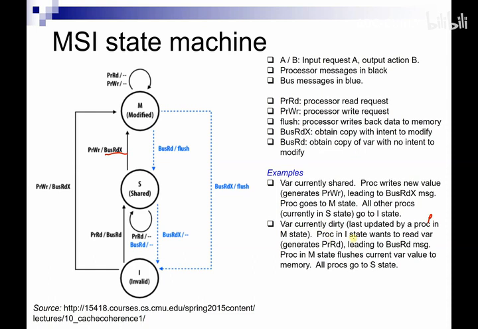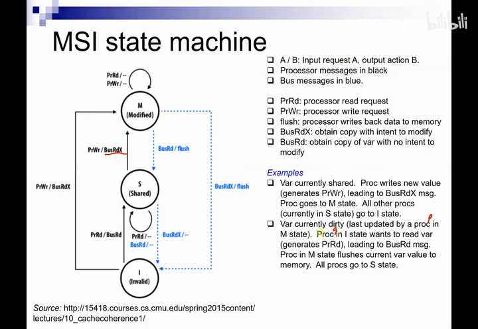Now, suppose you have some other process, let's call him Q. Suppose Q wants to read this value for the variable. Q is going to be in the invalid state, because P has the latest value, so Q has an invalid value.